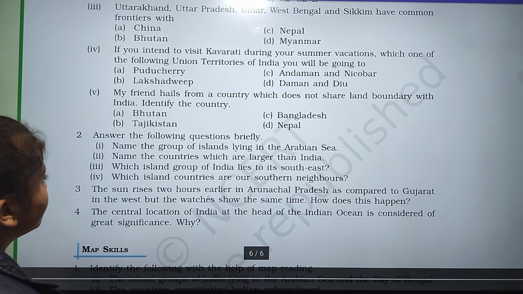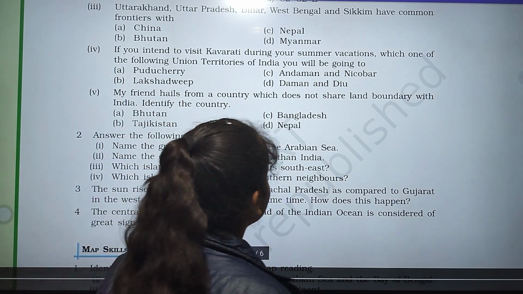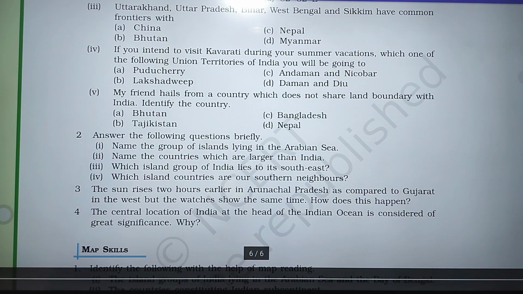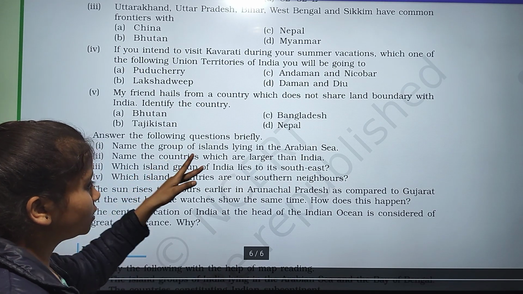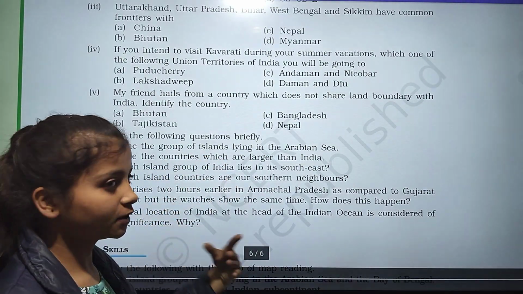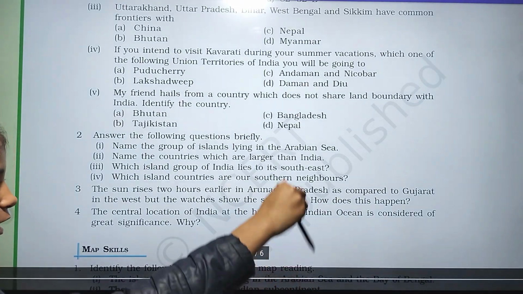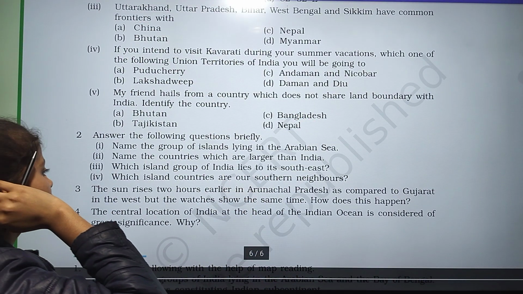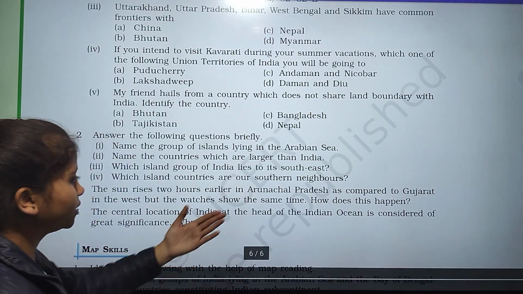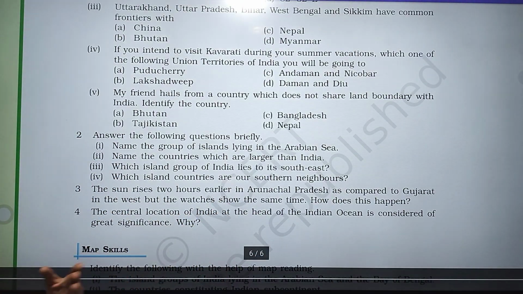Name the countries which are larger than India. Which ones? Russia, Brazil, Australia, many countries. Which island group lies in the southeast? Andaman and Nicobar. Which island countries are our southern neighbors? Sri Lanka and Maldives.